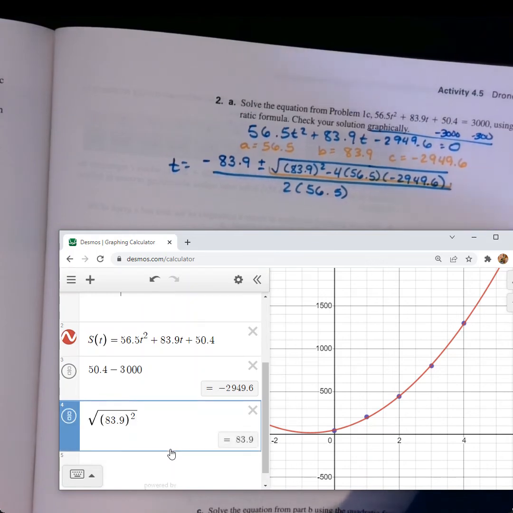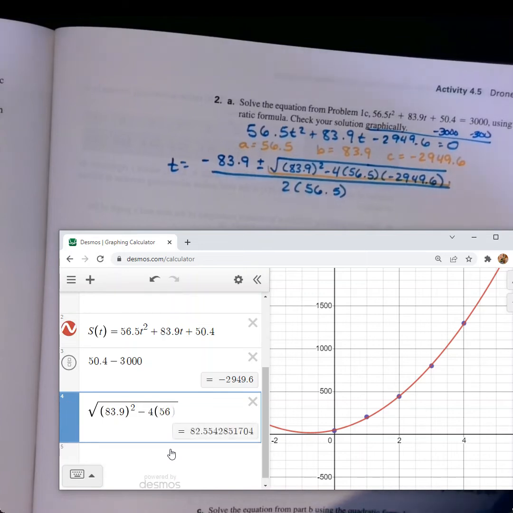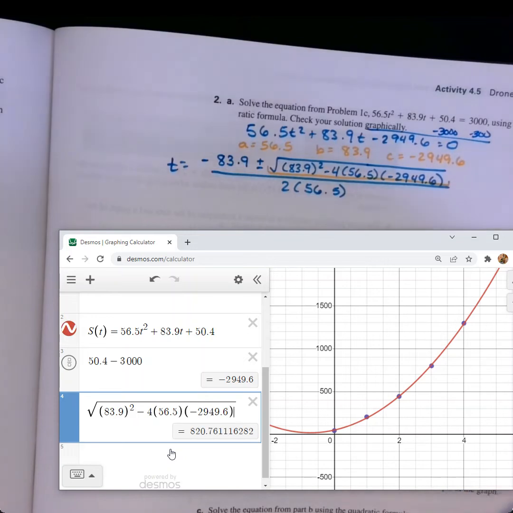Okay, so inside the square root, negative 83.9 squared minus 4 times 56.5 times negative 2,949.6. All right.